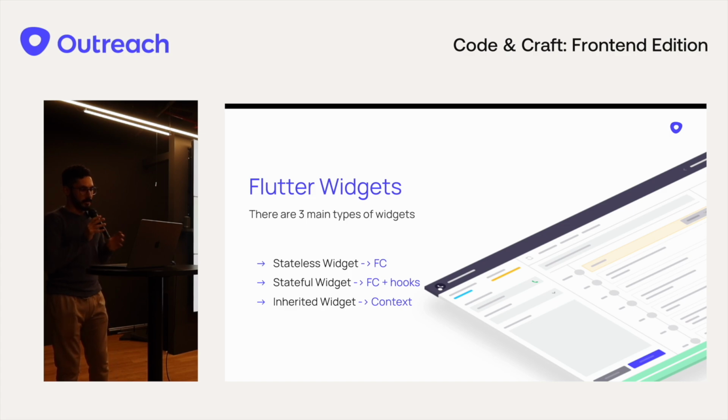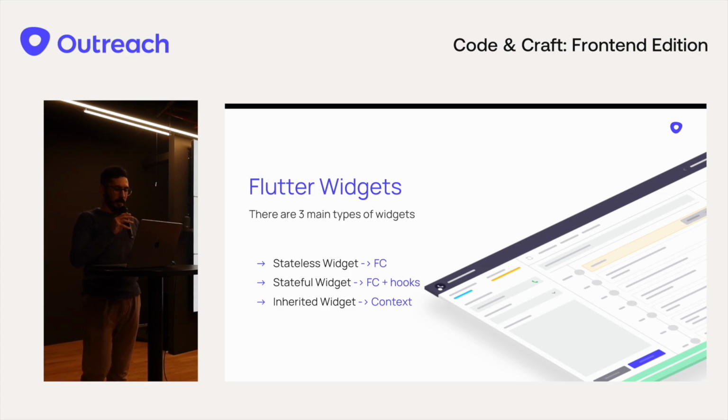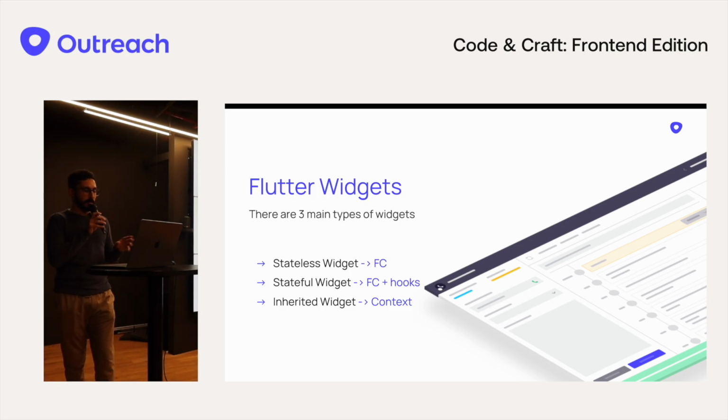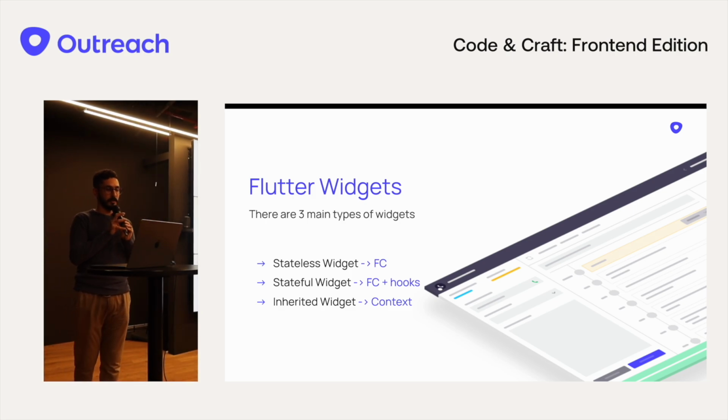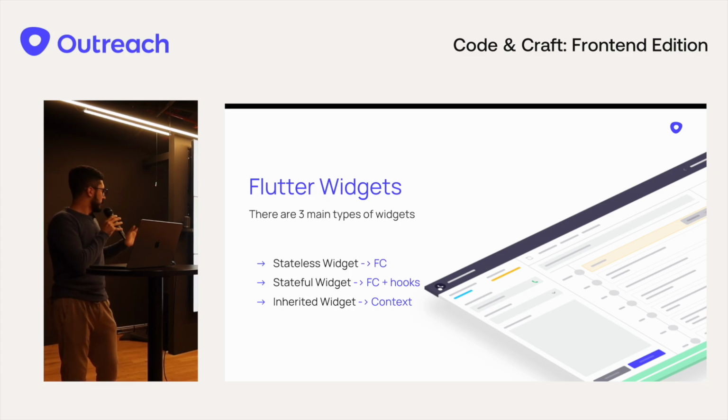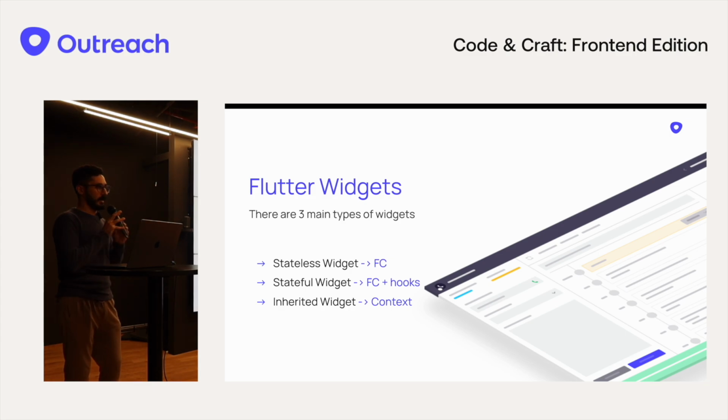And in React terms, stateless widget is basically just a functional component. It's the same concept. You give it some props and it renders something. A stateful widget is a functional component with the help of hooks. So we can have like useState, for example, and then it becomes similar to a stateful widget. And the inherited widget is the exact same thing as context, the context API.